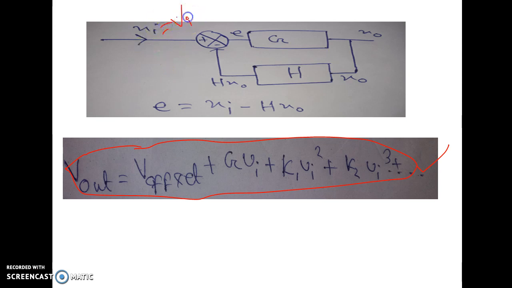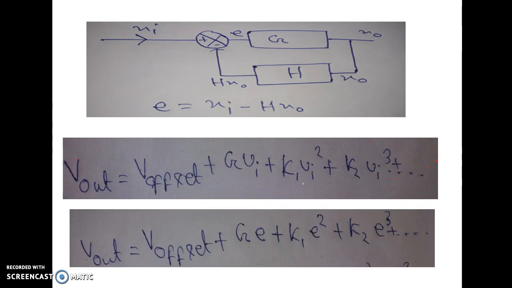Now for a particular case let us take the input as voltage, then it will be Vi. So V output equals V offset plus G into Vi plus K1 into Vi square plus K2 into Vi cube plus so on is the expression for the open loop amplifier. But when we apply the amplifier with feedback, then the input of the non-linear amplifier, that is the gain block, is basically E.